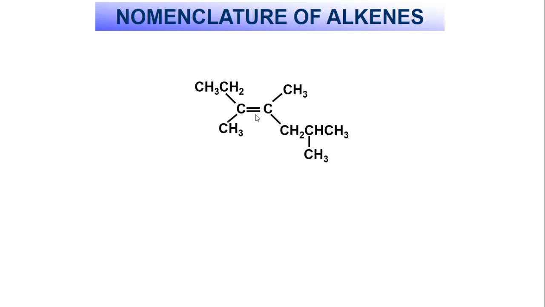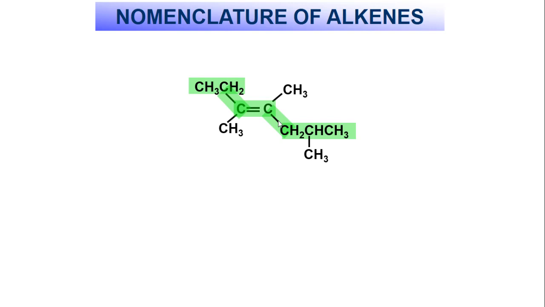And in that parent chain, there should be a double bond. So we are going to move 1, 2, 3, 4, 5, 6. You can go 7 like that or 7 like that. So let's quickly start with the first step, which is identifying the parent chain, which I've now identified there.